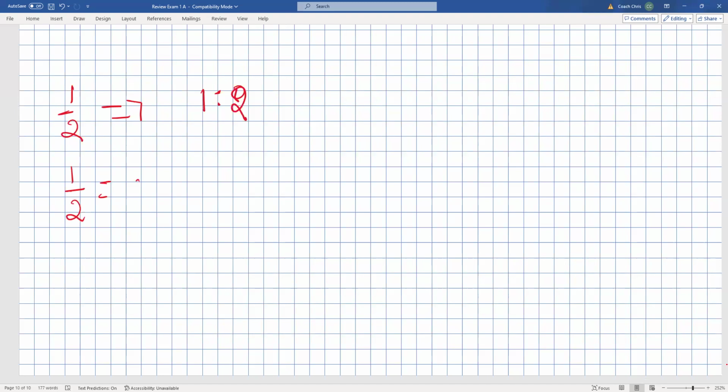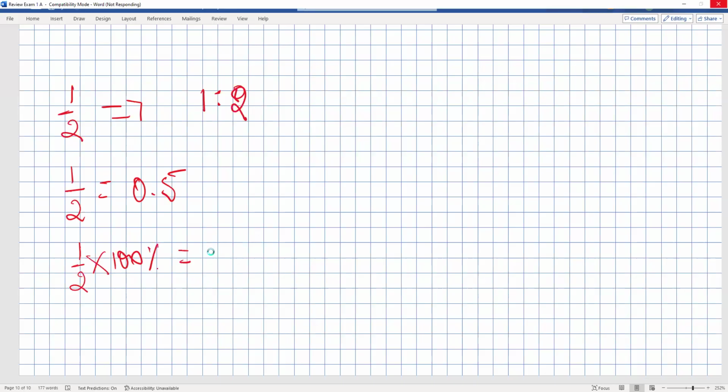You have 0.5. To convert that number to a percent, it means get the number and multiply that by 100%, which is you're gonna have 50%.